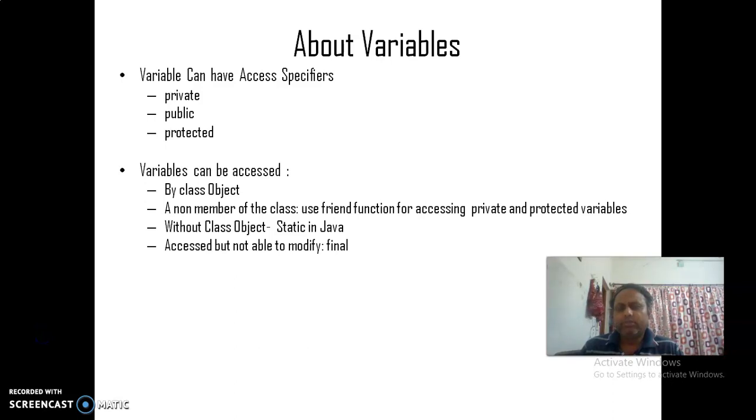There are also some variables which I don't want to be accessed anywhere. No class can modify that variable. This can be done by using the final keyword, and this is supported in Java.